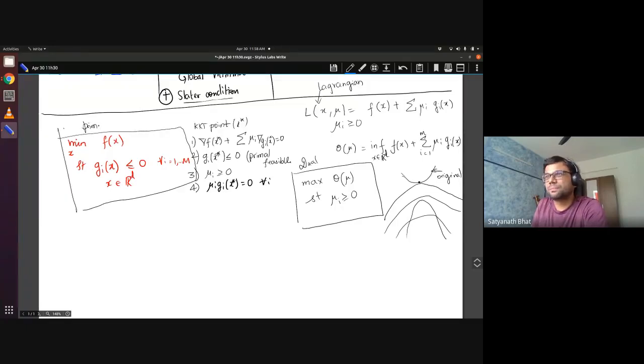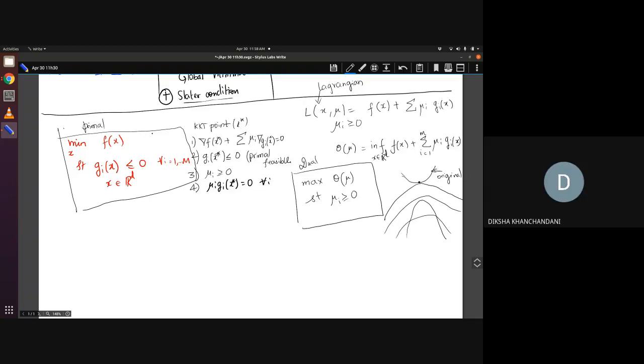See, this is a very difficult thing for you to understand if you have not taken optimization. I'm trying my best here. So I think the only people who can really ask me some questions here are those of you who are doing optimization, and even Diksha, because she's not doing optimization. So does this make sense, Diksha? Yes, sir.